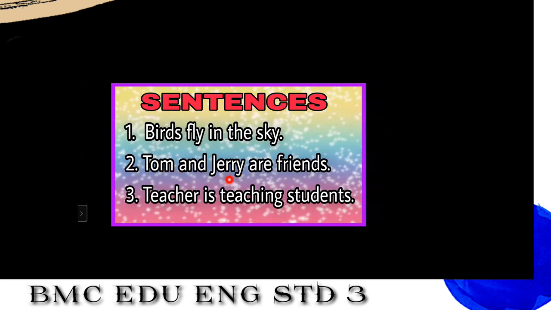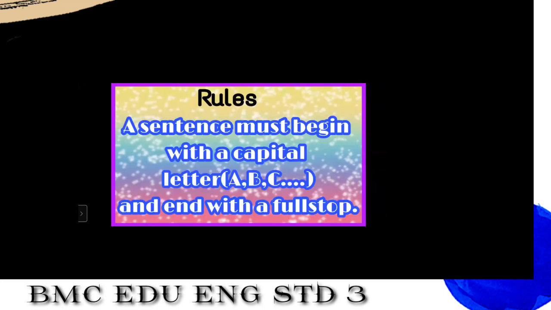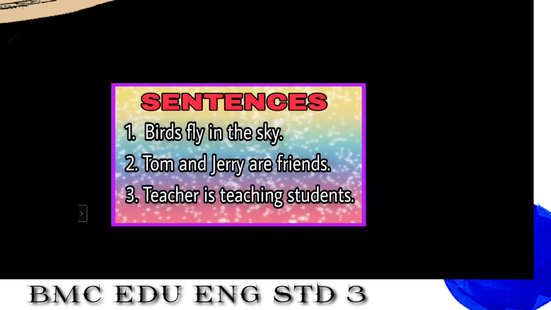So every noun must have its first letter in capital. And because the sentence is complete, we have put a full stop. Teacher is teaching students. Here T is capital, at the beginning of the sentence, and at the end, there is a full stop.